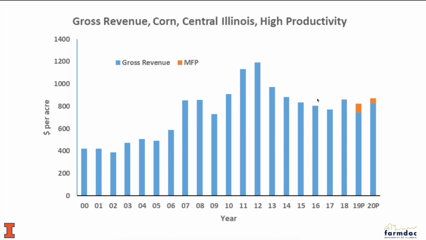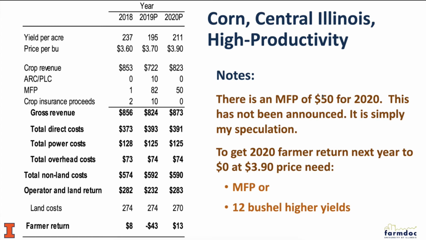So you're still across both crops. Here, again, we're showing Central Illinois 2018, 2019, and 2020. So these numbers are for Central Illinois. The 2018 number is a summary of high productivity land enrolled in FBFM, a 237 bushel yield last year. We're coming in with a projection of 195 this year, and you can argue with me on that.